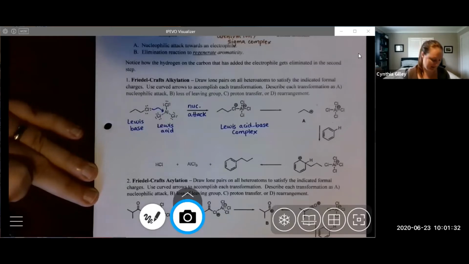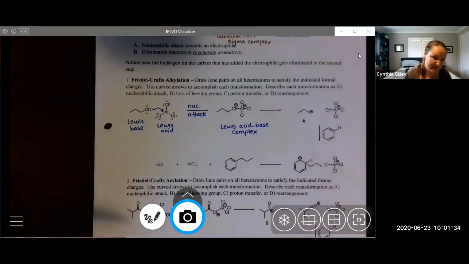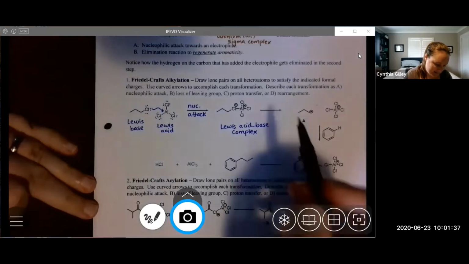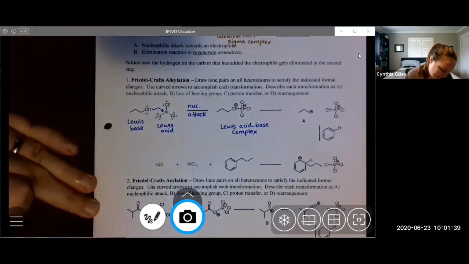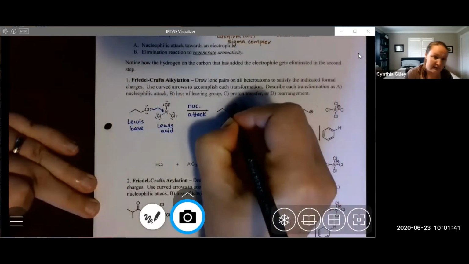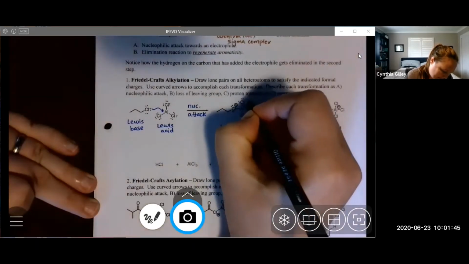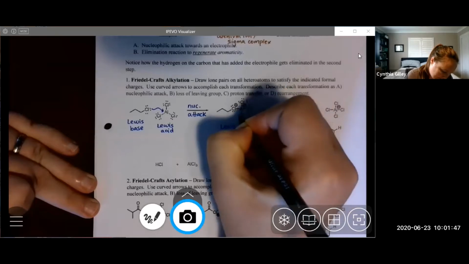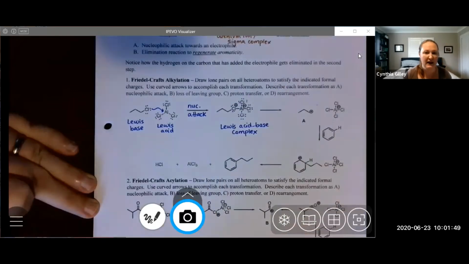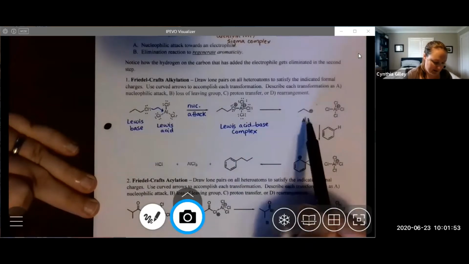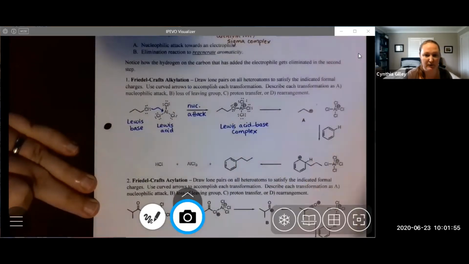Okay, so that's the first step. We form this complex. Notice now aluminum has a negative charge, chlorine has a positive charge. Chlorine only has 2 lone pairs now, and all the other chlorines still have 3. Okay, at this point on the activity, they do loss of a leaving group to form a primary carbocation.